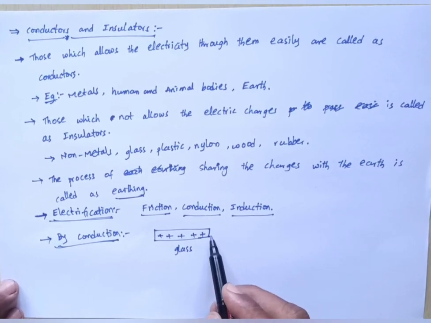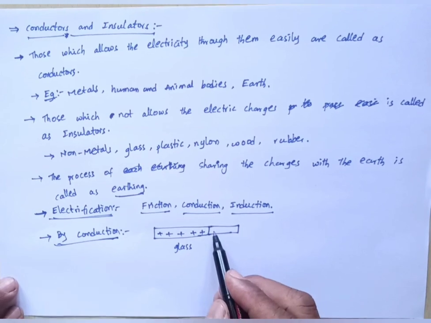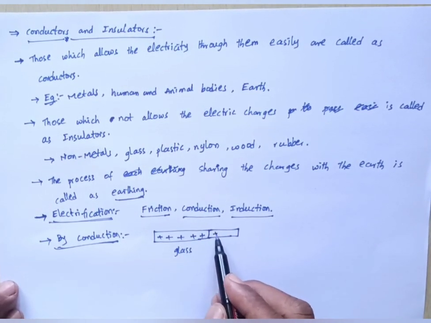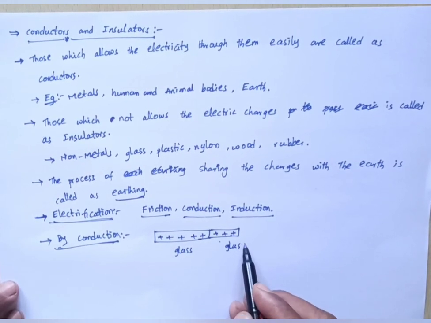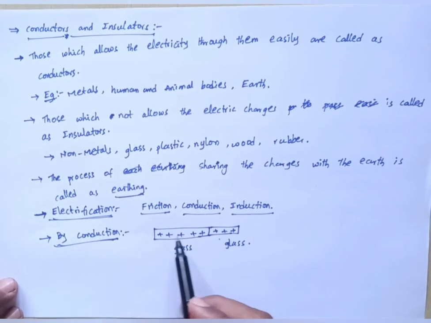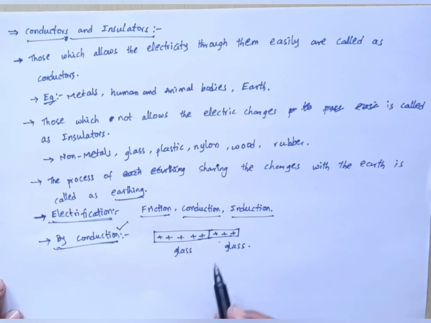It touches another glass rod, and the positive charges are transferred to the other glass rod, and then they repel each other. This process of electrification is called conduction.